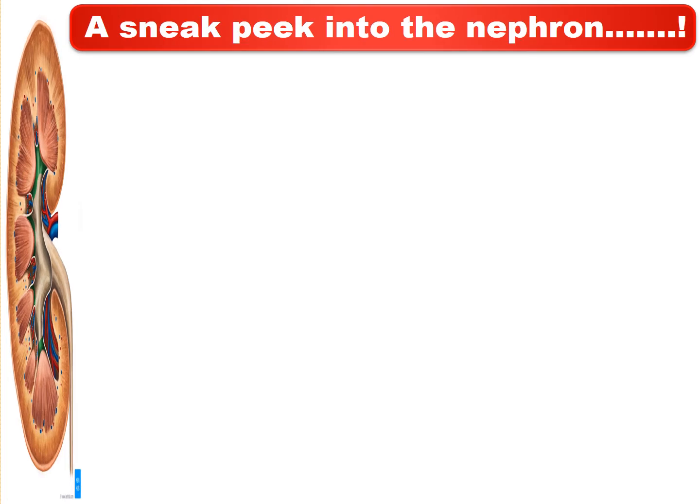Now, before starting diuretics, let us take a sneak peek into the nephron. Let us discuss the secret functioning of the nephron. The nephron is the basic structural and functional unit of the kidney, so we will discuss it in detail.